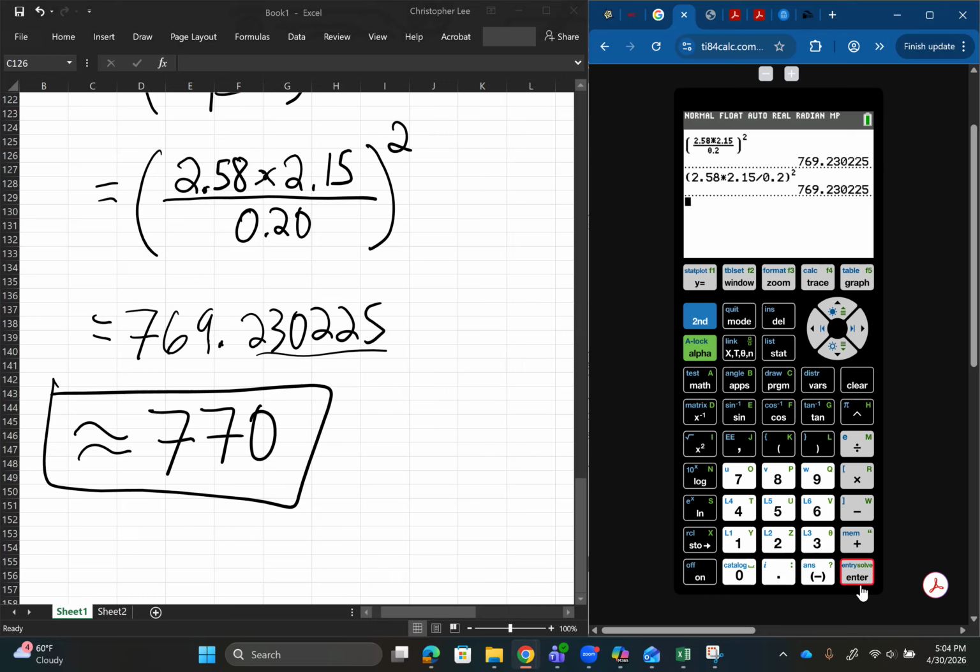It's not going to look like mine, but that is the actual process. The caret is right above the division sign. And then 2, and then hit enter.